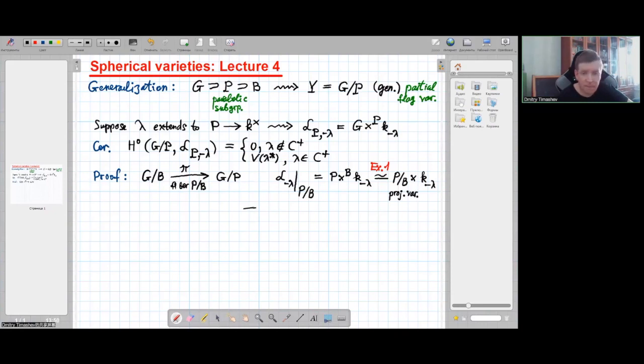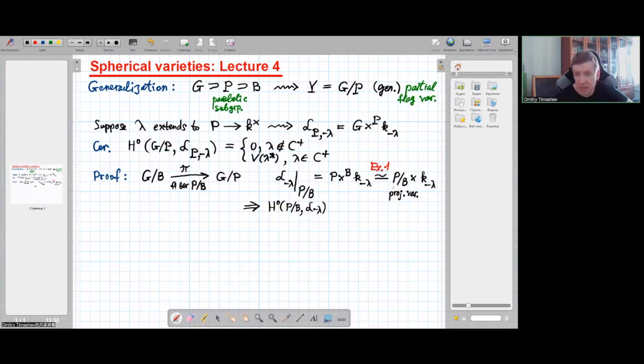This implies that the space of sections of this restricted line bundle over P mod B, so the space of sections of a trivial line bundle, are just scalar valued functions.